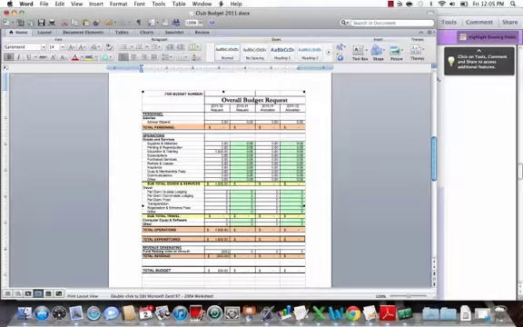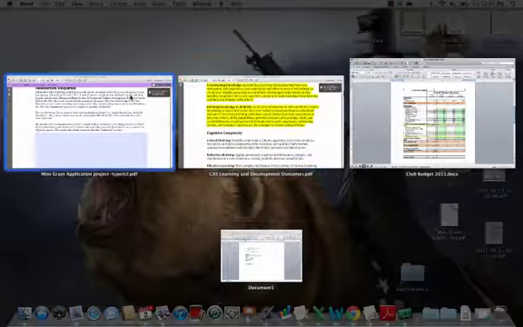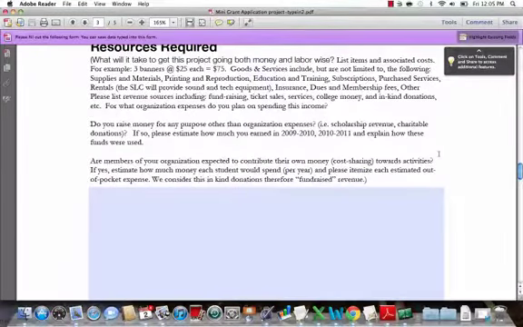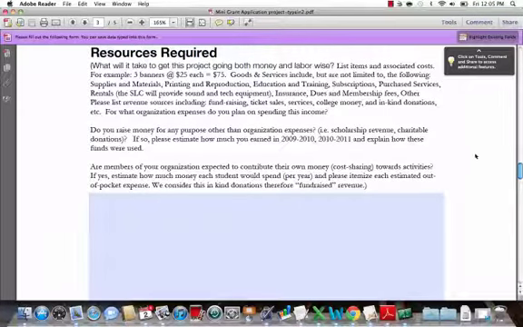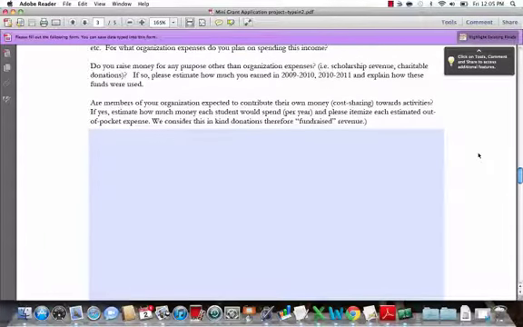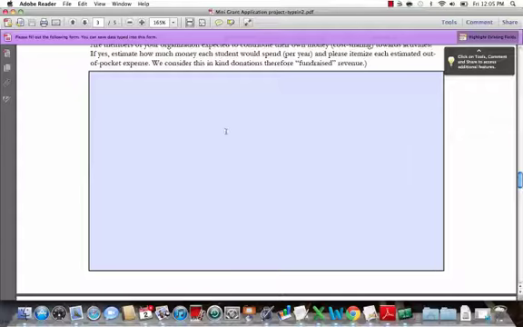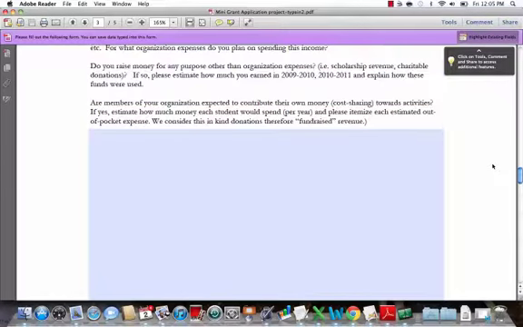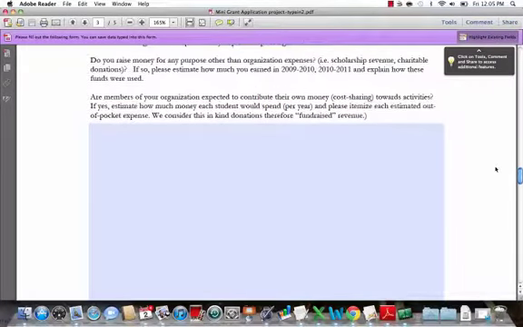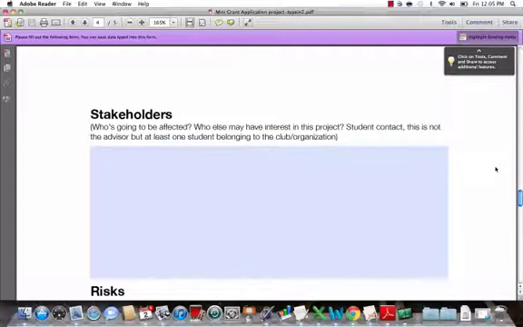And that's a very important document you need to fill out. And what you're going to do on the resources required part is you're basically going to take that information and write it down in explanation form. That's pretty much it.